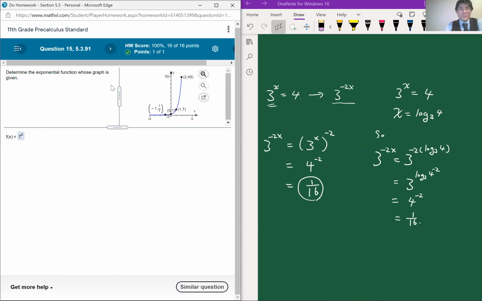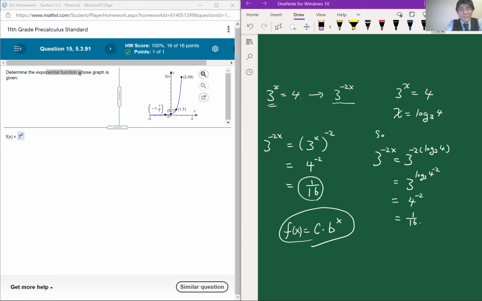Okay, not much to explain. Determine the exponential function. You start with an exponential function form like some number times b to the power of x. This is a basic model of the exponential function.